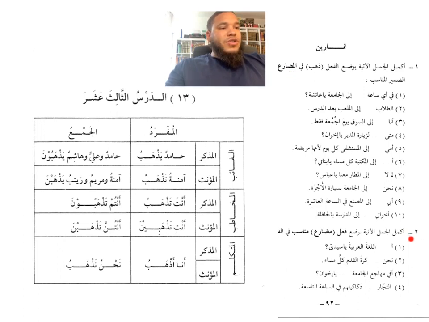Here it says أكمل الجمل الآتية بوضع فعل مضارع مناسب في الفراغ. Here in the PDF there's a misprint, the words are missing, في الفراغ, in the empty space. You have to choose a suitable present tense verb to go into this empty space based on the context of the sentence.